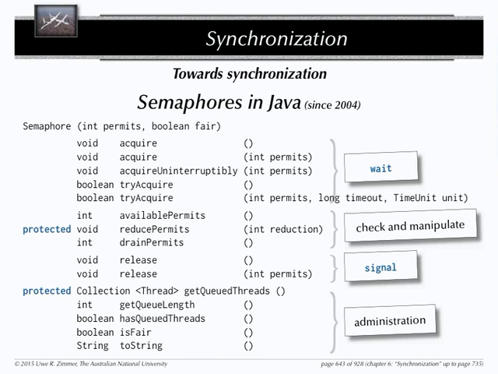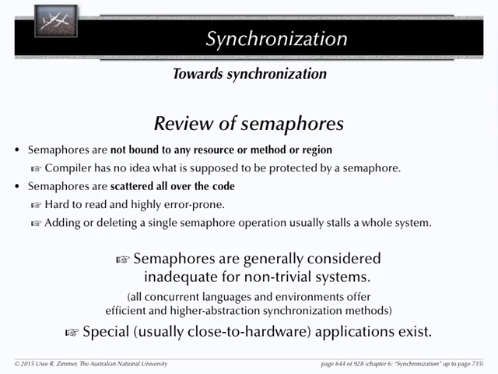Semaphores in Java is funny. When I look at this one, I always have the impression that they didn't explain to the Java guys what the semaphore is, because that's the Java semaphore interface, and in the classical Java way, make it comfortable. I have tons of possibilities how to interact with that one. It's just an access to a variable with tons of additional possibilities. You can read it, you can take a number of them out, a number of them in, checking and manipulating it in all kinds of ways. That's not the point of a semaphore.